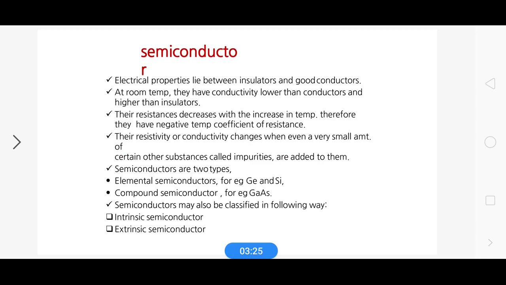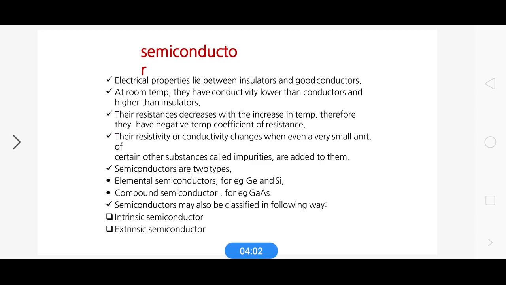These semiconductors are of two types. Elemental semiconductors mean the basic pure form of semiconductors: germanium and silicon. There are also compound semiconductors, like gallium arsenide, formed by the combination of gallium and arsenic.